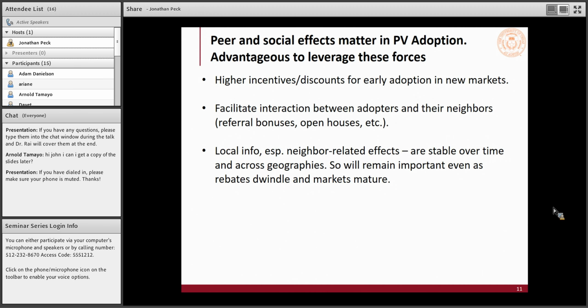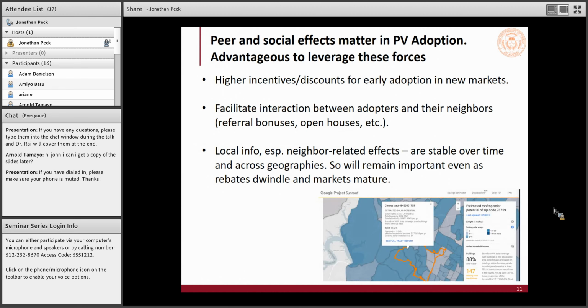In all the analysis that we have done, looking at multiple different markets, we find that these effects are quite stable. They persist, and more than any other information base, they have more of this longevity and effectiveness aspect to them. So to the extent those could be leveraged, that would certainly be quite advantageous.